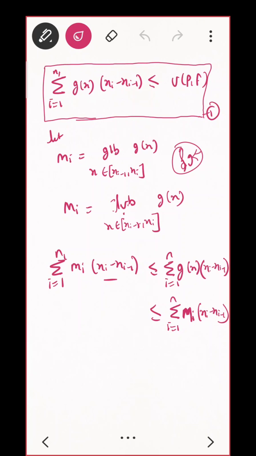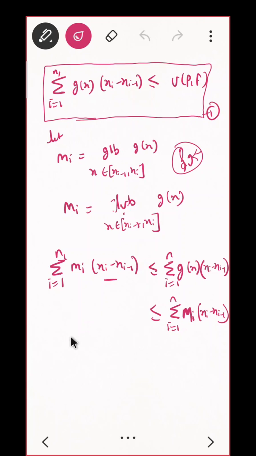Now what is this? What will the summation of g of x be? Hello. Can you hear me?